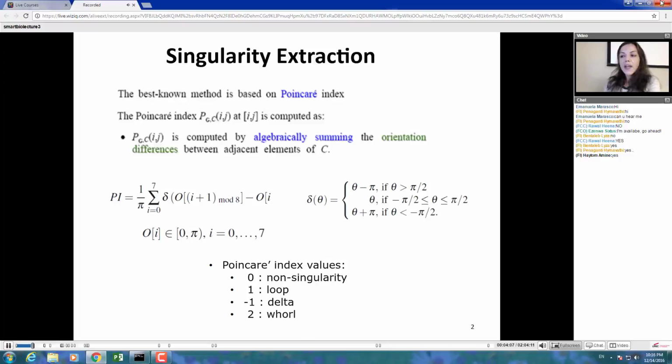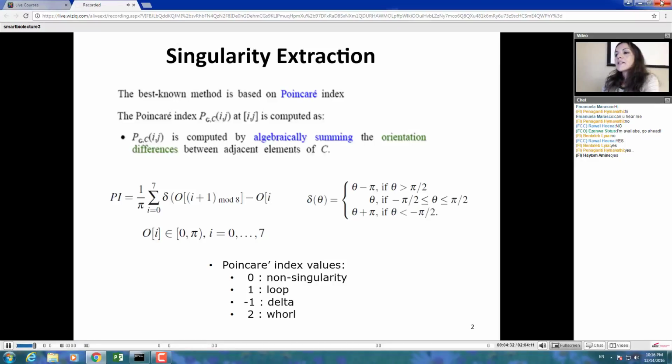And then we compute differences, so differences in orientation between adjacent pixels, right? O(i+1) minus O(i). Once we compute this difference, we will have, of course, 8 differences to consider.